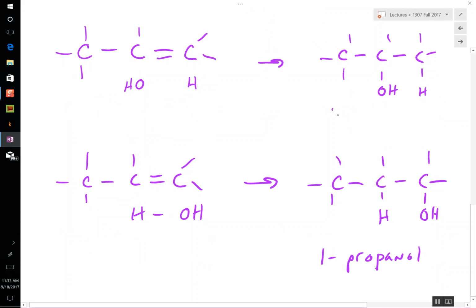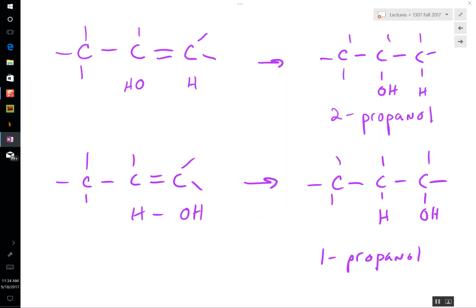And here the OH is in the middle, and that's 2-propanol. And you might sit there and say, well, I wonder if you get half of one and half of the other one. Maybe you get both products, a 50-50 mixture. Well, about 150 or more years ago, Markovnikov wondered those same things. And he started reacting water with alkenes and finding out, what do you get?